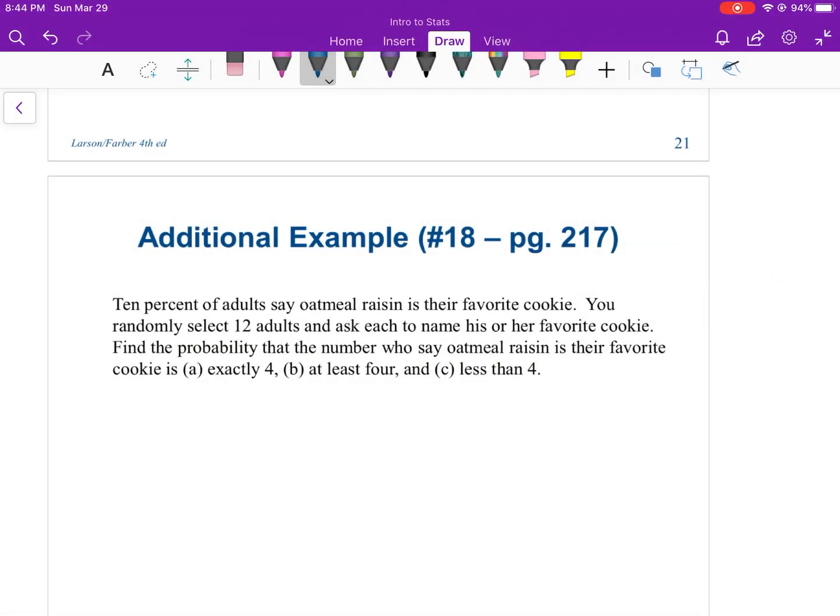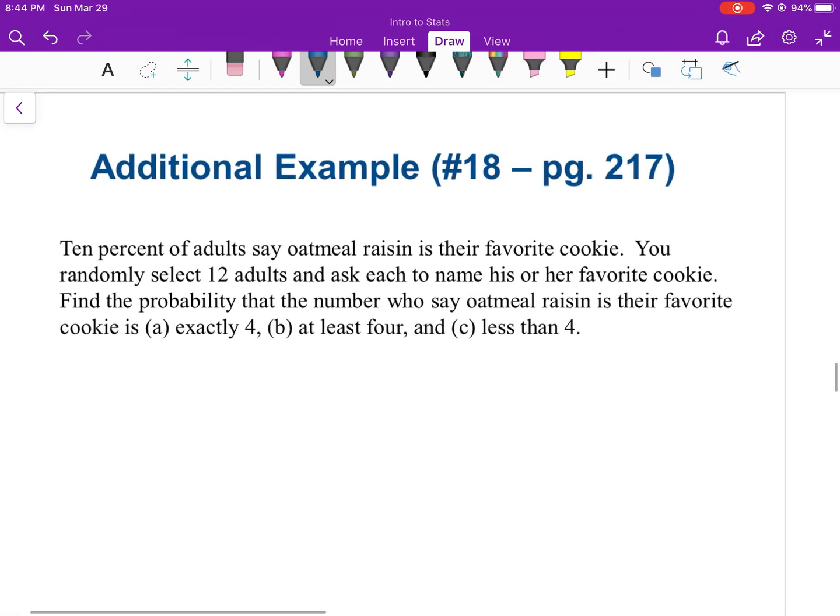All right. So, stat kiddos, we're going to try to do this number 18, although I thought I changed the problem on my slide and I didn't. So, I'm going to go ahead and tweak it real quick. We're going to say that 60% say that chocolate chip is their favorite cookie.